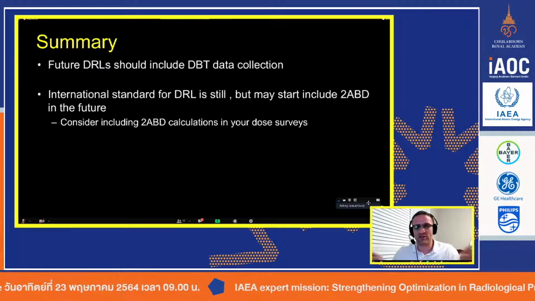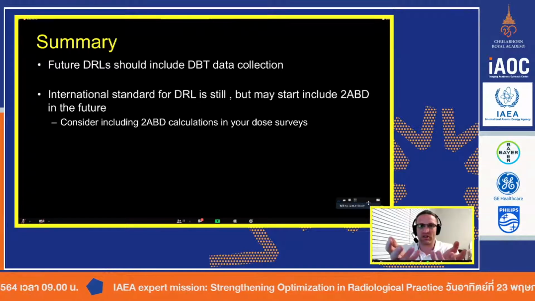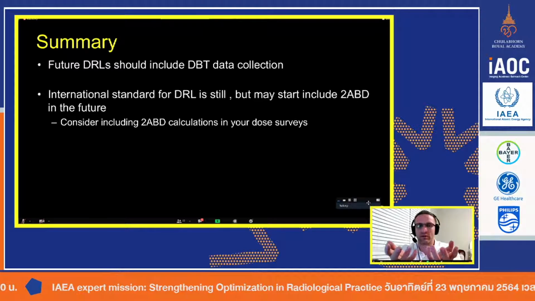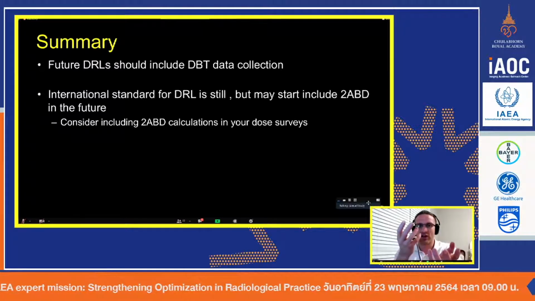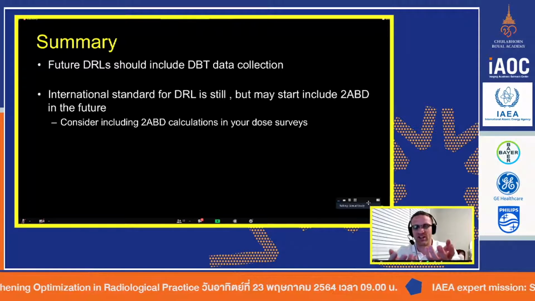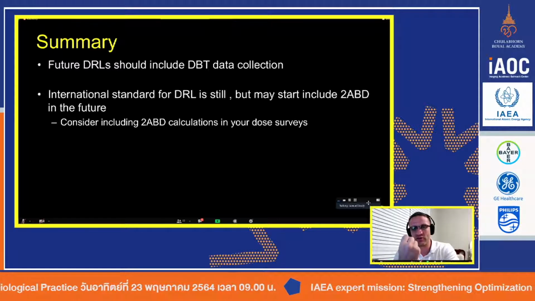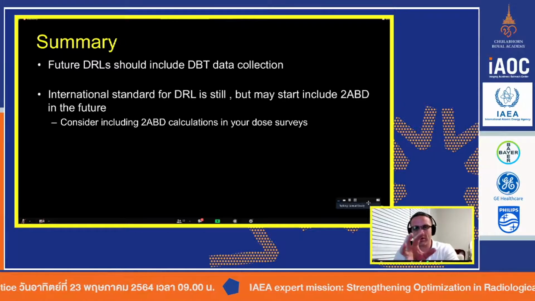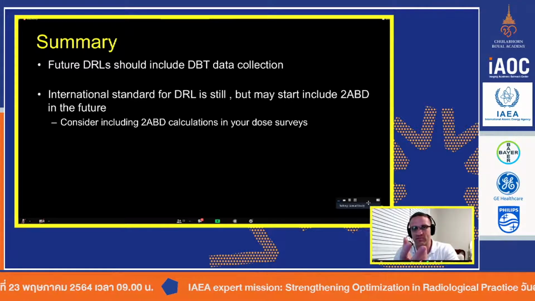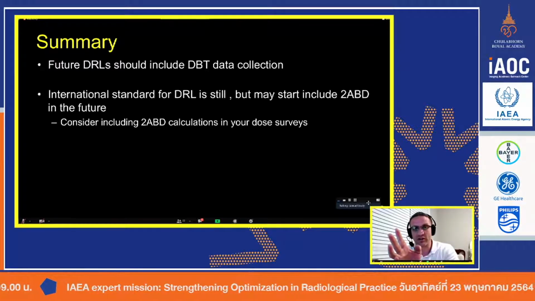But as we showed, mean glandular dose and 2ABD calculations are fairly comparable. The actual error rate for 2ABD was just a little lower, just a little more precise, and you can collect all the information you need to calculate 2ABD from the image itself. Fewer lookup tables, less variability in that regard, and you don't have to take into account glandularity.